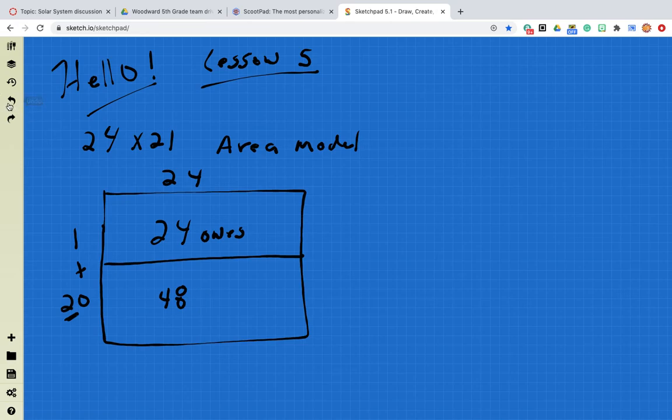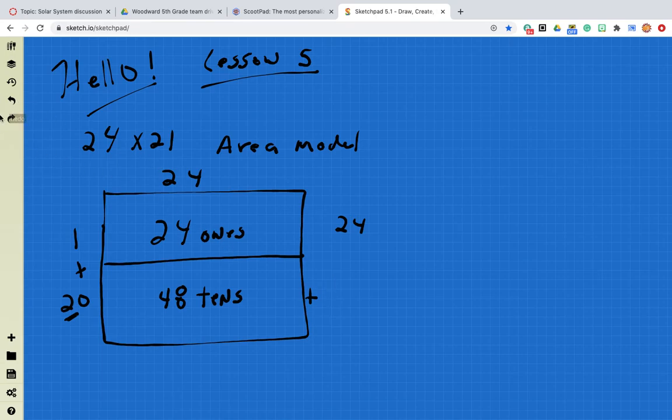Let's just call it 48 tens, which we all know is the same as 480. Now the next thing I would do is add them up. I'd have 24 ones plus 480. Oh, that's a horrible job of lining those up, Mr. Six.